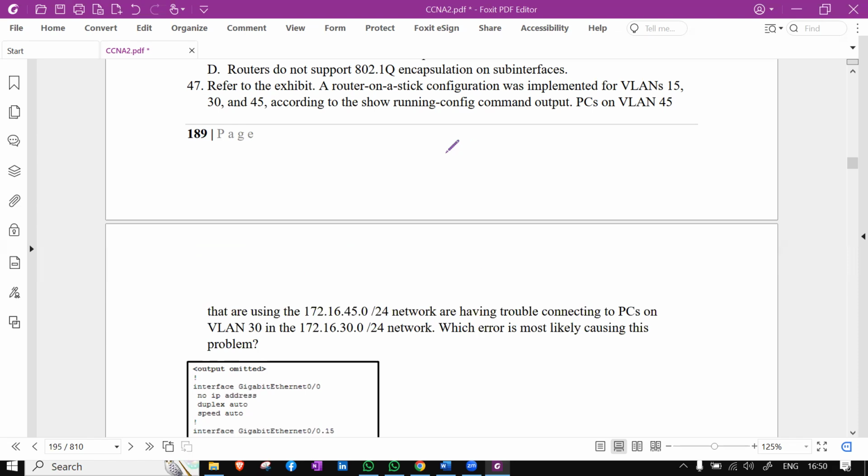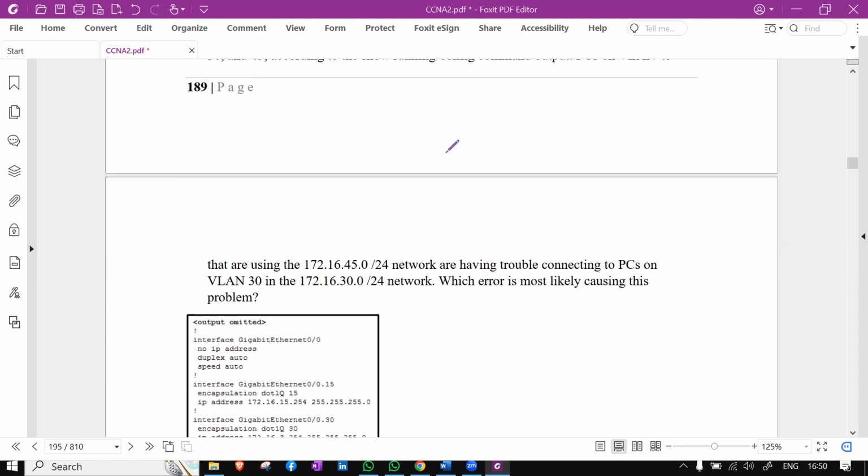Right, a router on a stick configuration is implemented for VLANs 15, 30, 45. PCs on VLAN 45 are having trouble connecting to PCs on VLAN 30. So from 45 to 30 there is no communication now. Which error is most likely causing this?